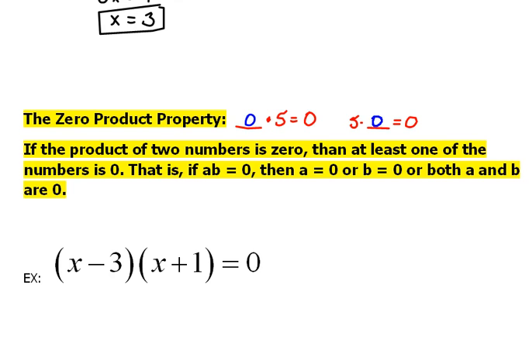Well, that has to be a 0. That is exactly what this property is telling us. Anytime we multiply two things together and the answer is 0, then one of those things has to be 0. Or both of them could be 0, because isn't it true to say 0 times 0 equals 0?